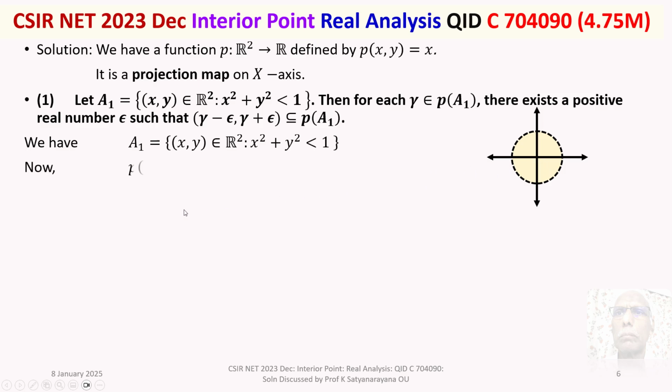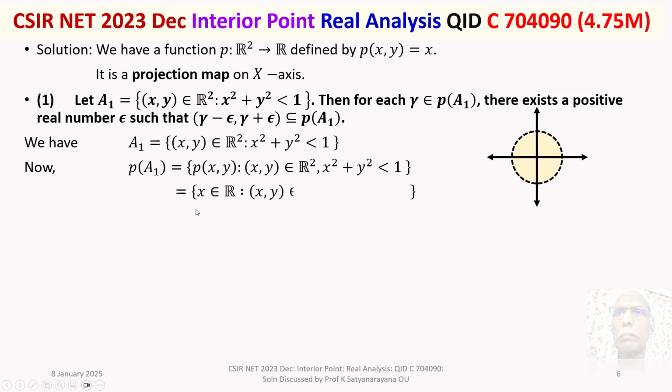Right. Now, P of A1 is equal to P of these ordered pairs x comma y, where x comma y belongs to R square, satisfying x square plus y square less than 1. So, what is P of x comma y? It is x. But for various points of this open disk, the x coordinates we have to collect. The x coordinates will be from -1 to +1. Right.